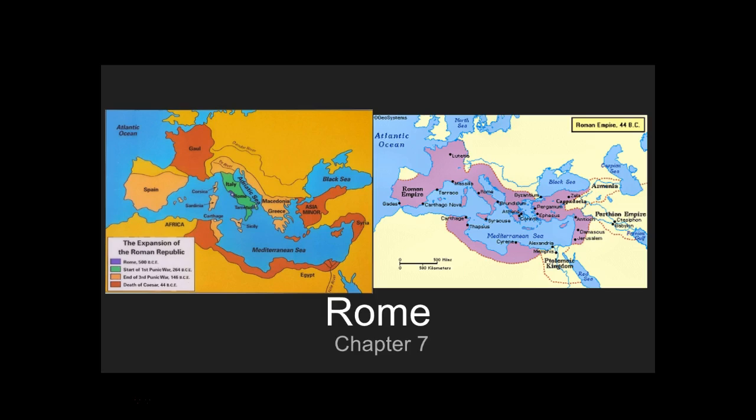We've got early and high Roman Republic, don't really need to know a lot about that. We've got late Roman Empire, and then we talked about Romulus and Remus in the last slide. Basically, they were so powerful that they suckled on a she-wolf, so they were brought up by a wolf.